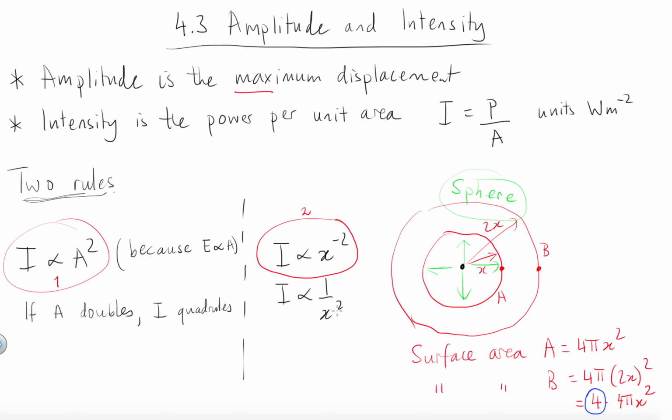Therefore intensity is inversely proportional to the square of the distance from the source. This is called the inverse square law and pops up a few more times in physics.